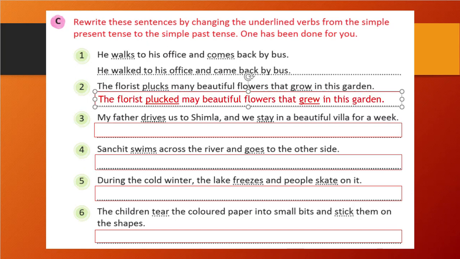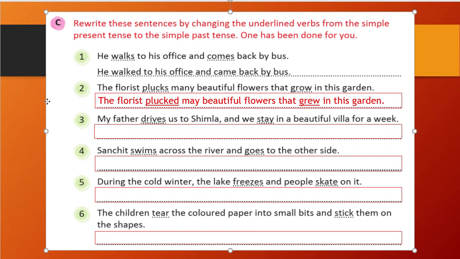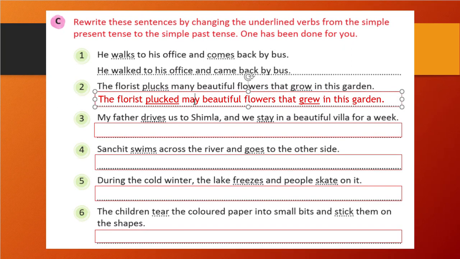That is the answer, right? The florist plucked many beautiful flowers that grew in this garden. That was the simple change we need to do to convert to the simple past tense, right?